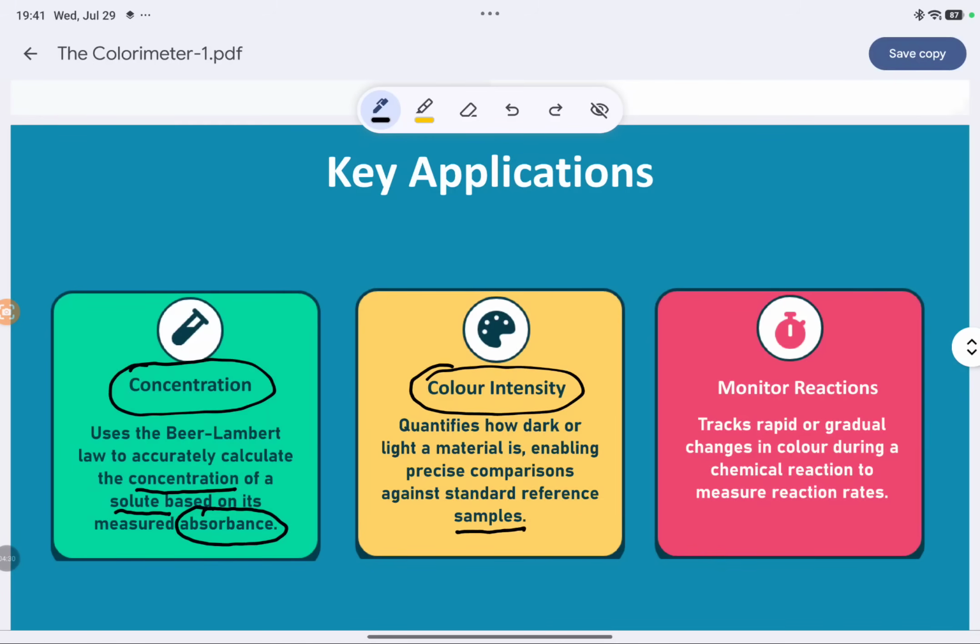The third application is that it monitors a chemical reaction. It tracks how rapidly or gradually a color changes during a chemical reaction, and it also measures the reaction rate. These three applications are very important for a colorimeter.